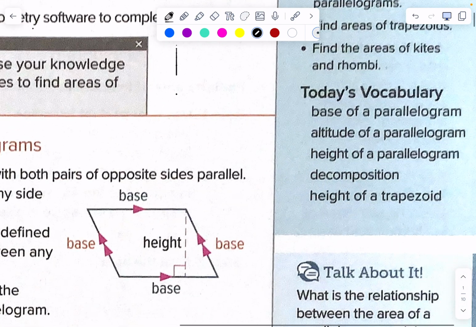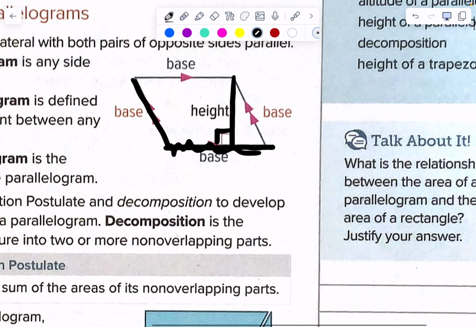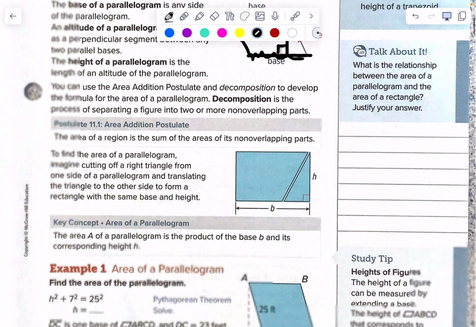Except sometimes, like with a parallelogram, your base is here, your height is not the slanted side. The thing to pay very close attention to is that whatever your base is, your height must be perpendicular, at a 90-degree angle to the base. Base, height, perpendicular.